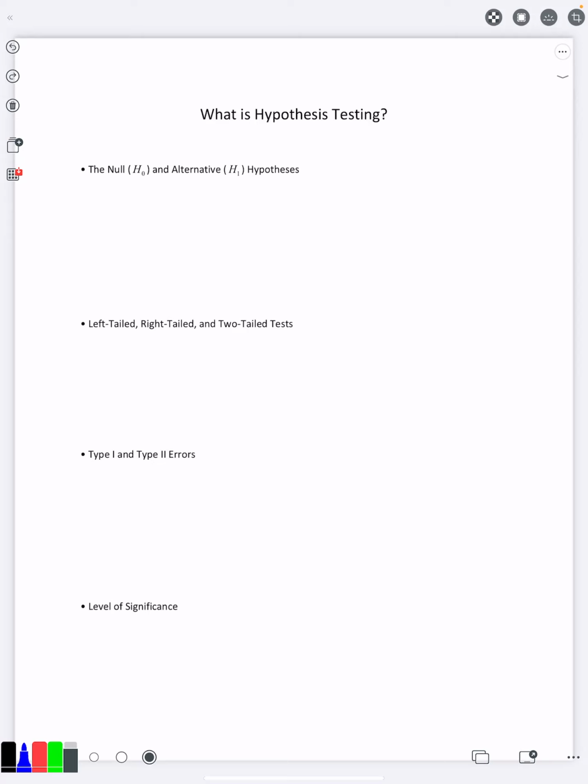So there's lots of types of questions where you want to try to figure something out, you want to try to make a decision on what to do, and we are never going to be able to get perfect information for pretty much anything in this world. So we have to make this decision based on limited information. And that limited information was hopefully gathered in some sort of random fashion.